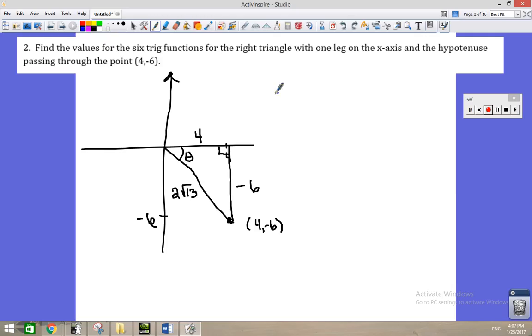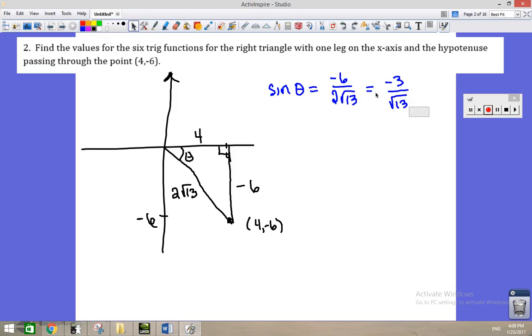The sine of theta agrees in sign with the y coordinate. I'm below the x-axis, so I'm expecting this to be negative. I take the y coordinate divided by the hypotenuse, and I have negative 3 over the square root of 13.